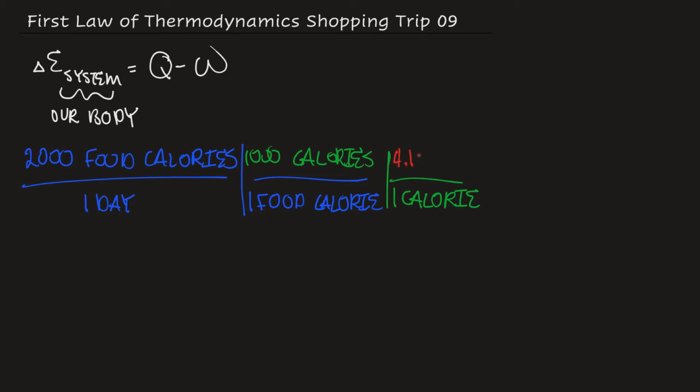And there's 4.187 joules per chemistry calorie. Now that we have the calories converted to joules, we'll convert the time in days to seconds. So we have that 1 day has 24 hours, and 1 hour contains 3,600 seconds.